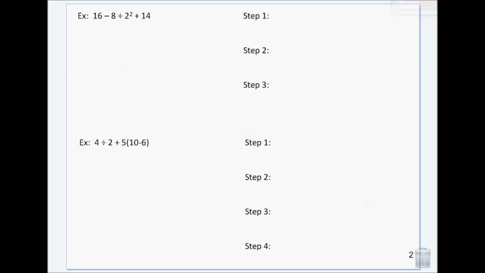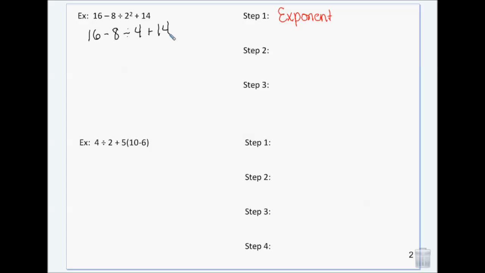So we have this lovely, beautiful problem. We have no parentheses, so our first step is going to be the exponent. And so I'm going to square that 2. Oh, that divided by is awful. Okay.